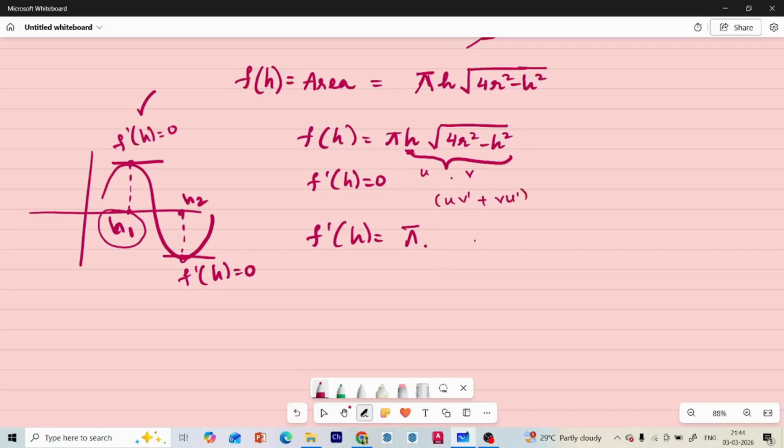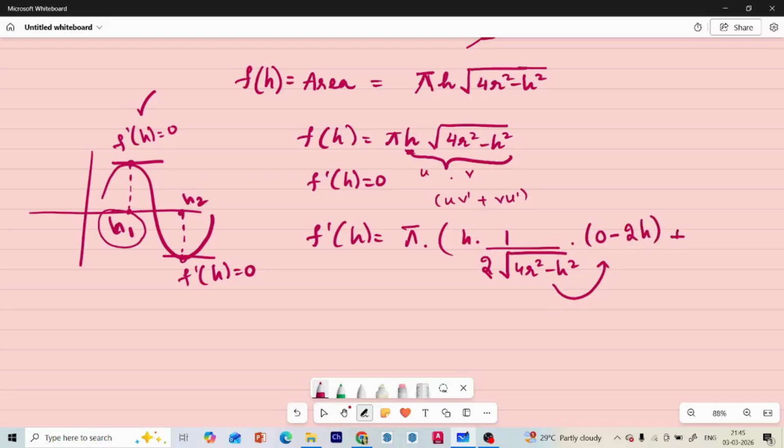U here I'm taking is H, so H into V dash, that is root x differentiation, 1 by 2 root x, into you have to differentiate the inner function. 4R square differentiation is 0, minus H square differentiation is minus 2H.